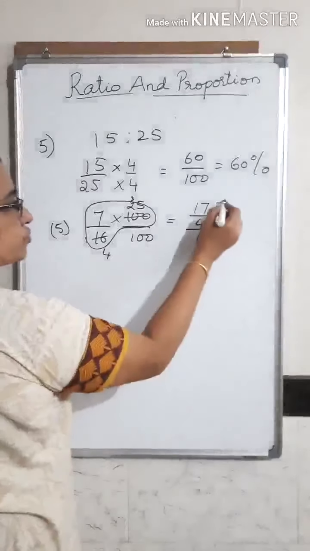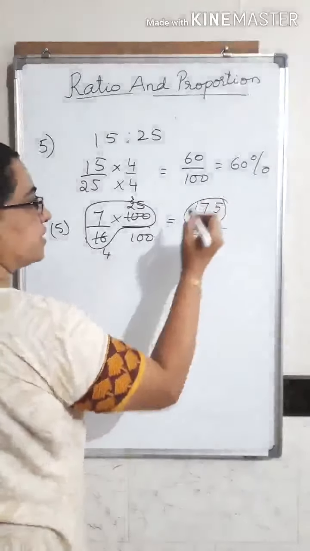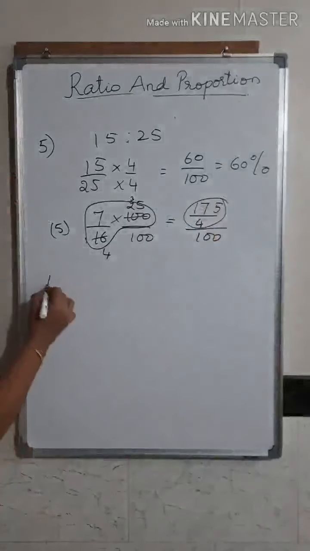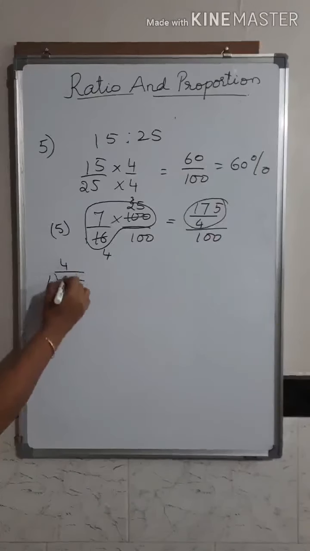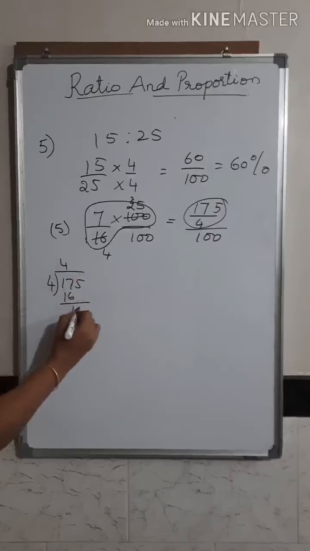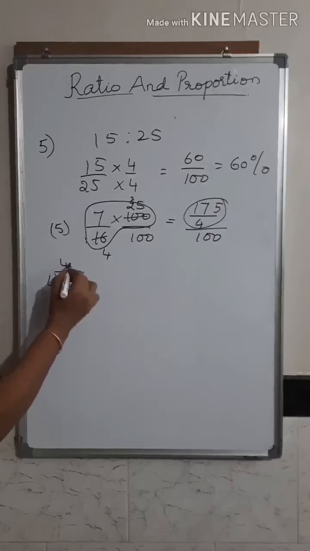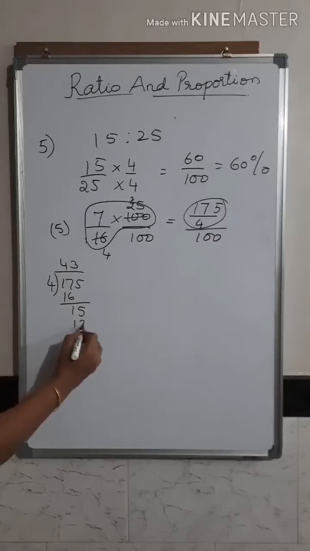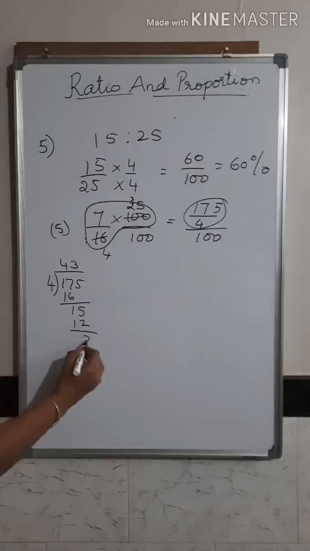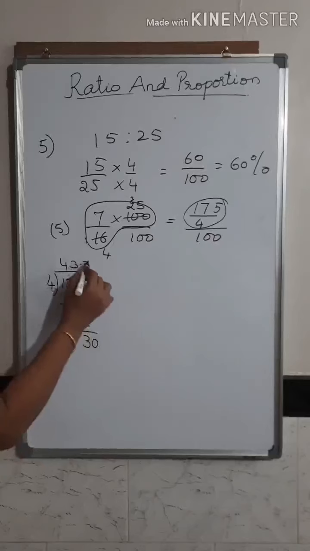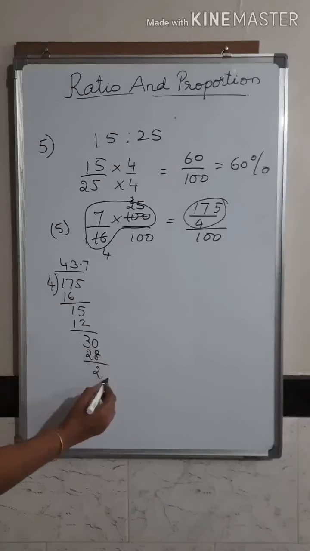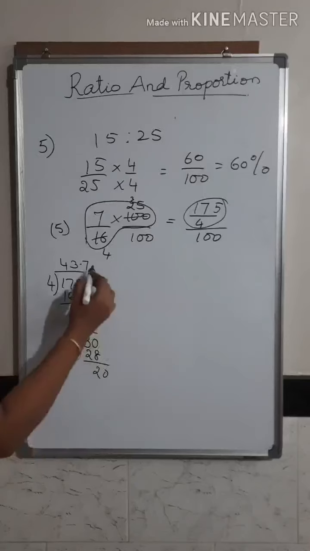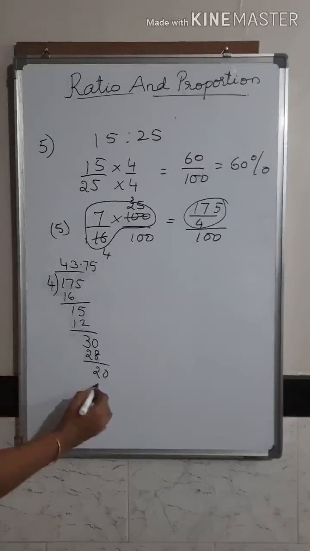Now what you have to do is convert this in terms of decimal. For that you have to do ordinary division. So when you divide it, 4 4s are 16, 4 3s are 12, then 0, 4 7s are 28, 4 5s are 20.